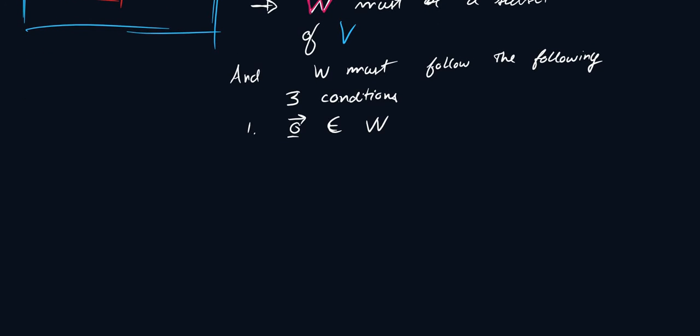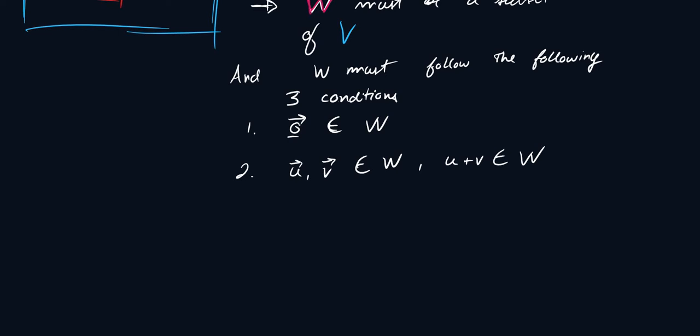The second thing is that suppose we take u and v, two vectors that belong to my subspace W. If I do the vector addition u plus v, then that vector addition will also belong to the subspace W. This property actually has a name.